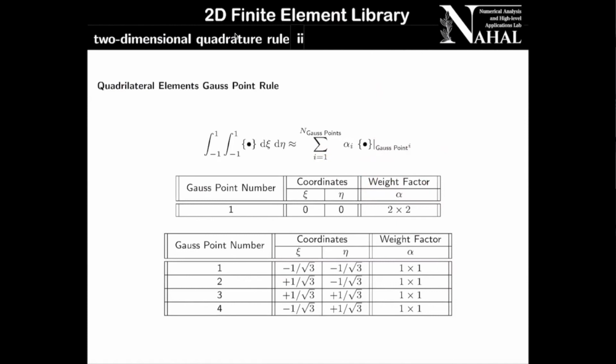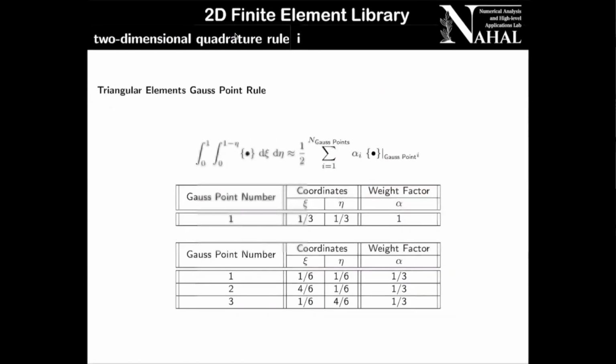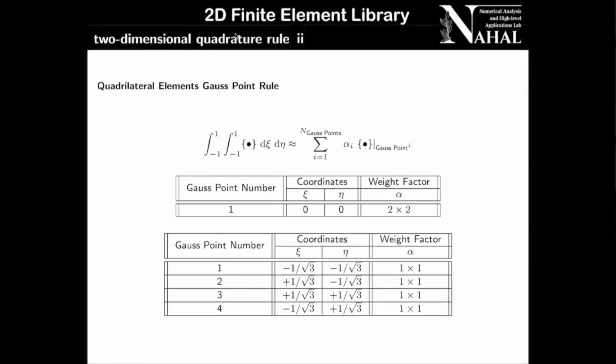So anyway, this is the quadrature rule for two-dimensional elements. The only important thing for you is that if you have triangular elements, do not forget the factor 1/2 here. Okay. If you have quadrilateral elements, you do not have a factor. It's just basically a 1.